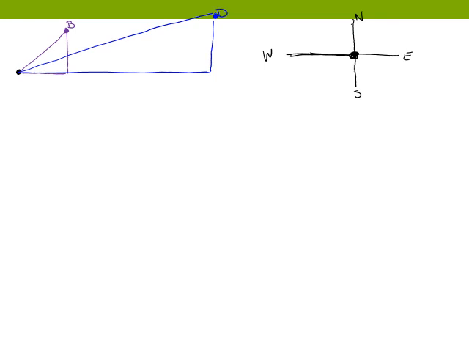And we know that the Douglas is cruising directly west. So there's our Douglas. But our Boeing is cruising at an angle 30 degrees north of west. So there's the triangle for our Boeing.